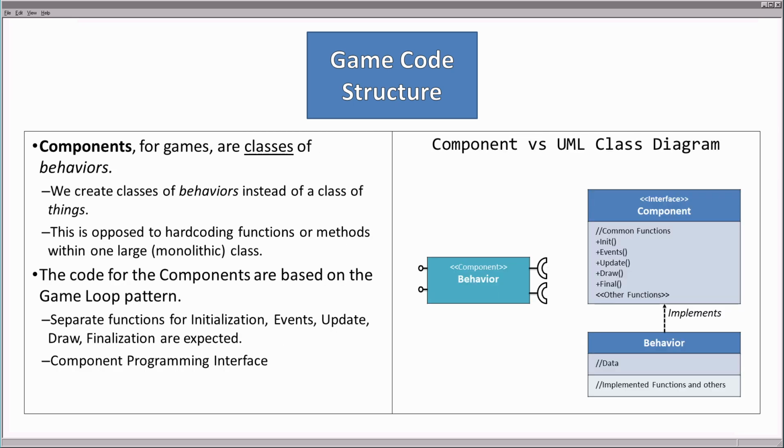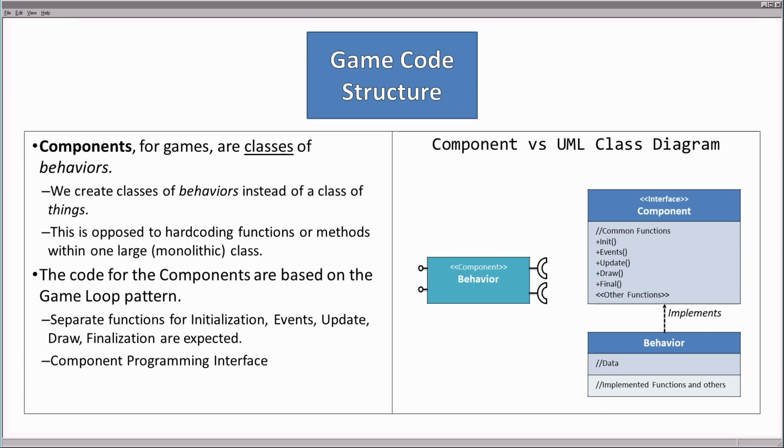Components for games are classes of behaviors. We create classes of behaviors instead of classes of things. This is opposed to hard-coding functions or methods within a large monolithic class, which means writing everything in one programming file or just writing all the code in a main method.